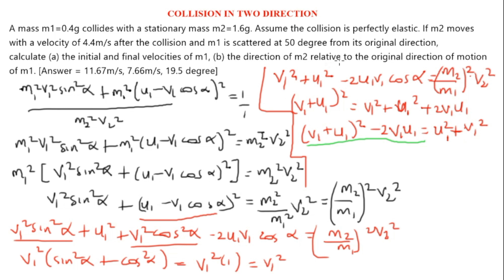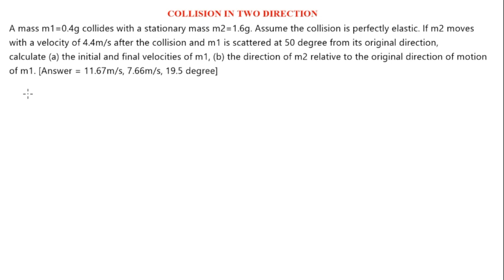Now, instead of having v1 squared plus u1 squared, I'll have (v1 plus u1) squared minus 2u1 v1, then minus 2u1 v1 cos alpha, which is equal to (m2 over m1) squared, then v2 squared.